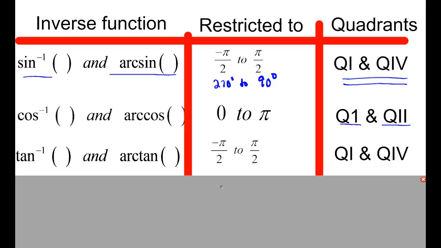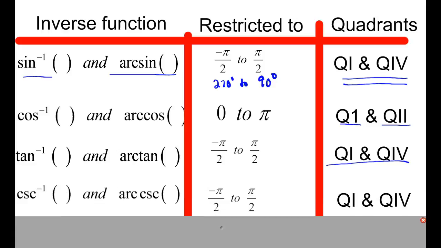Now we're going to talk about inverse tangent. Inverse tan and arctan mean the same thing. We're going to restrict our answers to angles between -pi/2 and pi/2, which means we're only going to look in quadrants 1 and 4 for those answers.